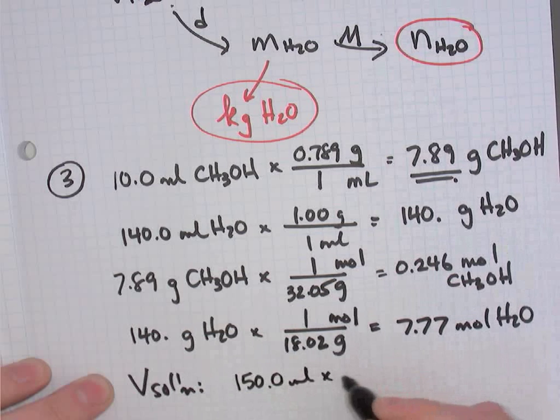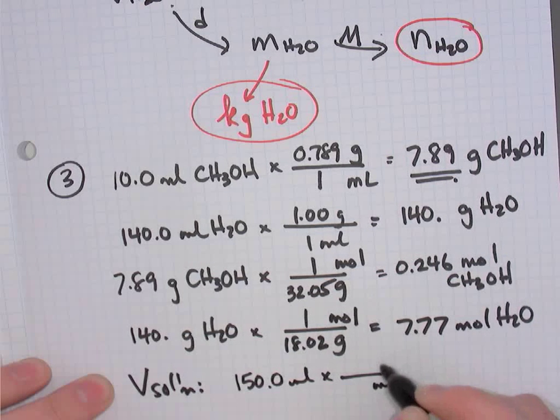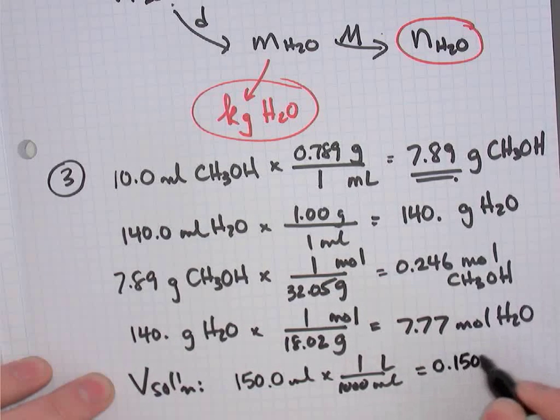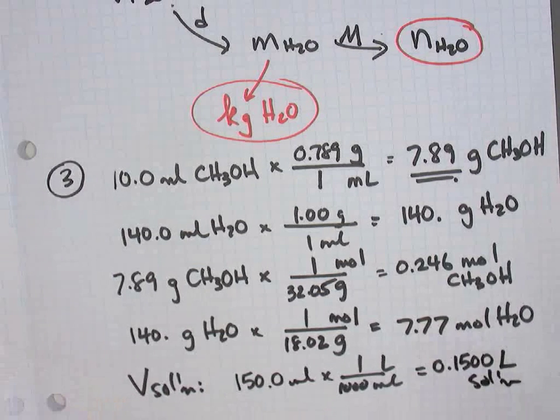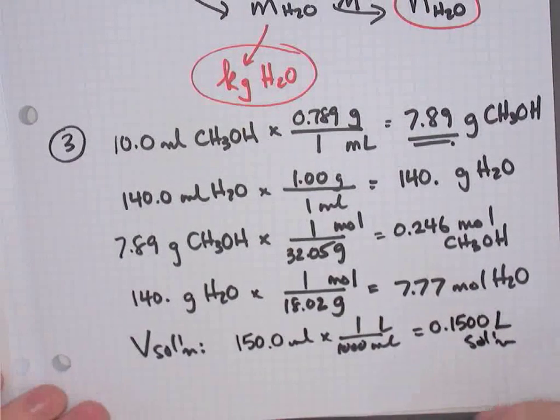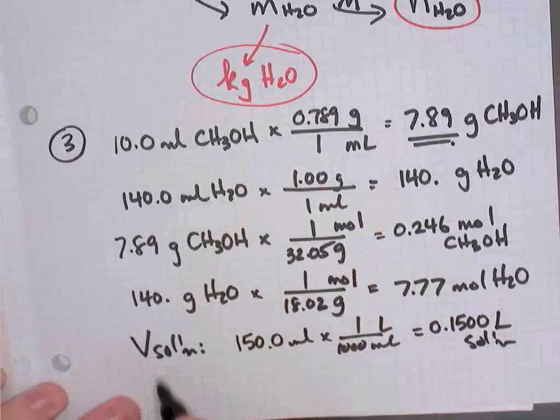We're assuming the volumes were additive. Get rid of milliliters, switch to liters, and we get 0.1500 liters of solution. And the last thing we said we would need was the kilograms of the water.